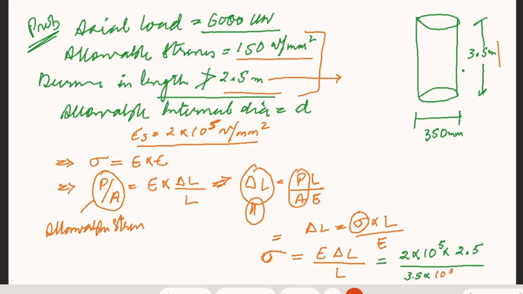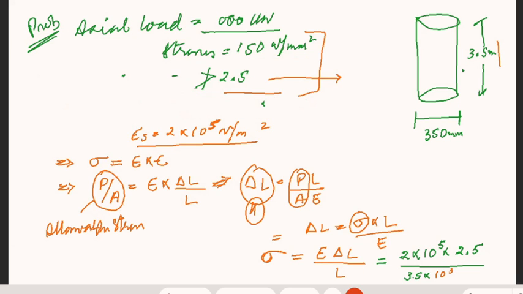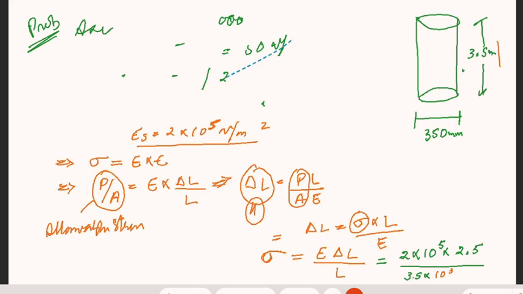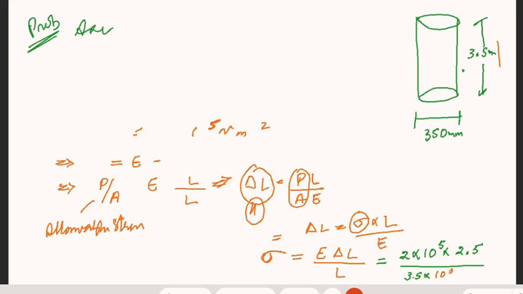And we will get stresses. Please calculate it, how much will be the stresses? Quickly tell me. 142.85.